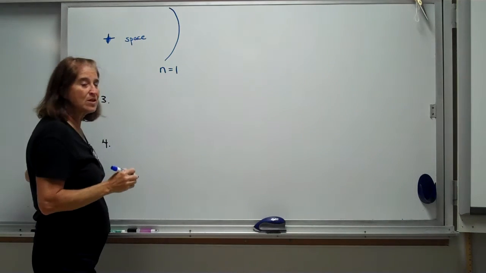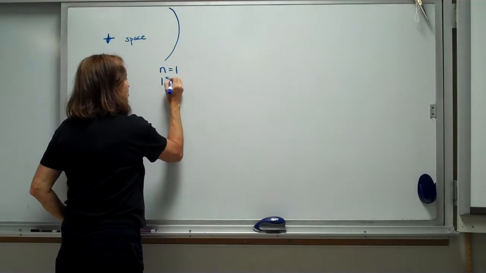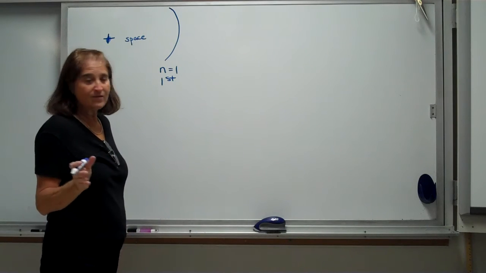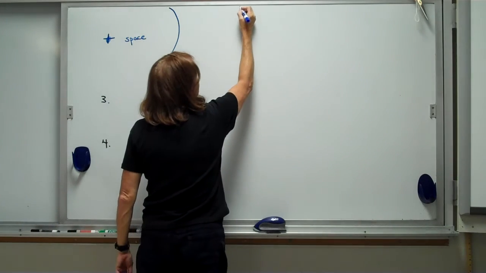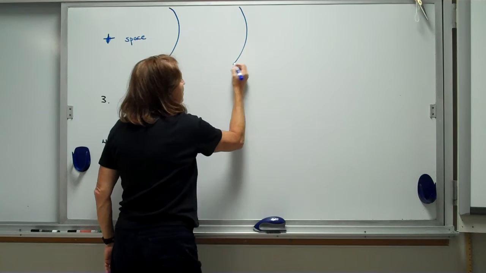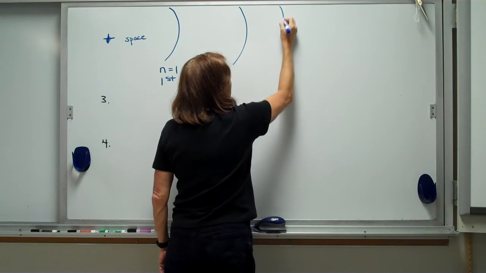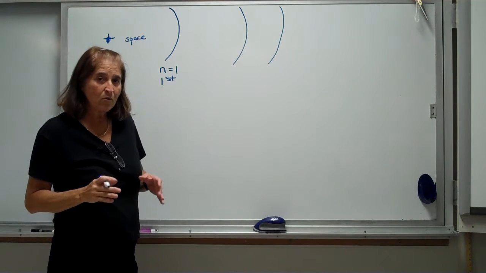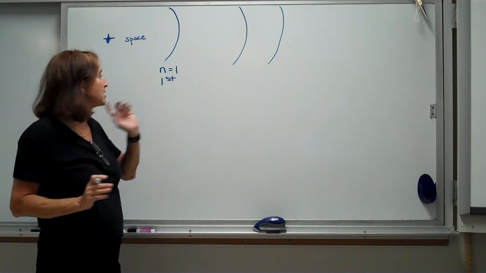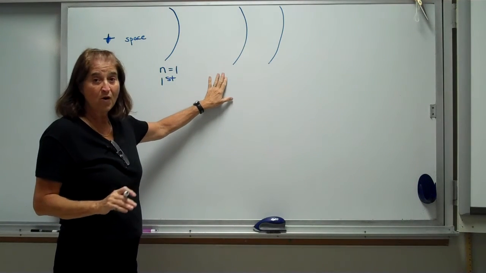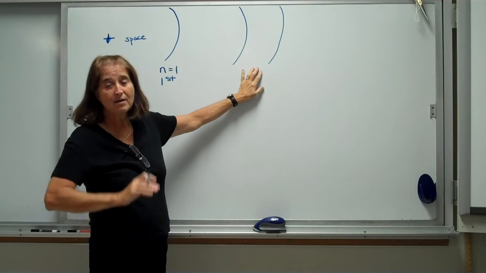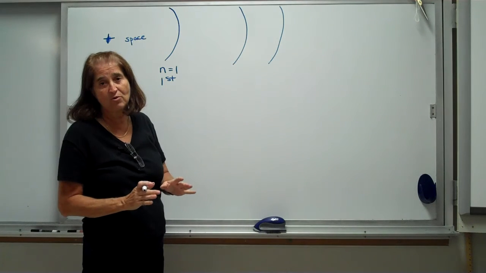This is our first energy level. The first energy level is here. If you look at successive energy levels, then you're going to have the second energy level, and then you're going to have the third energy level. Now I'm drawing this relative to one another because it's important to understand that as you move farther away from the nucleus, the distance between these energy levels is going to decrease.